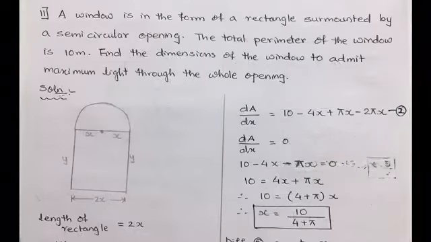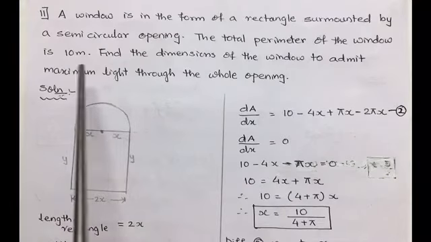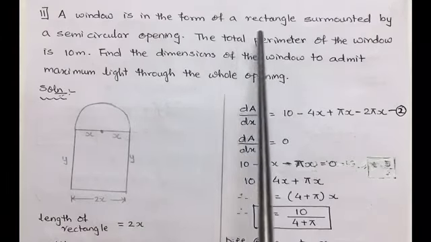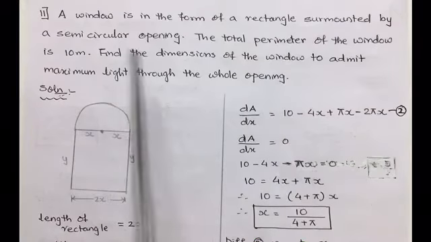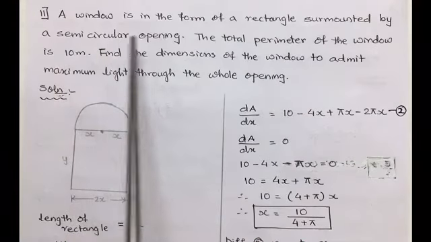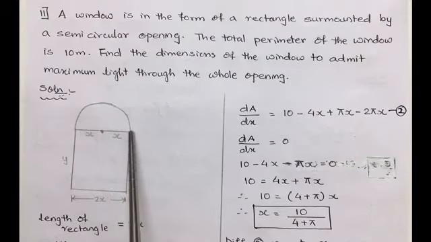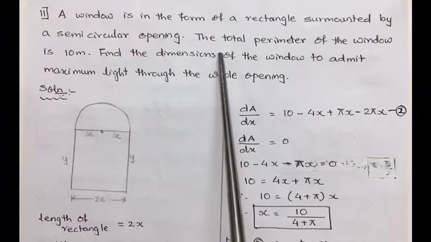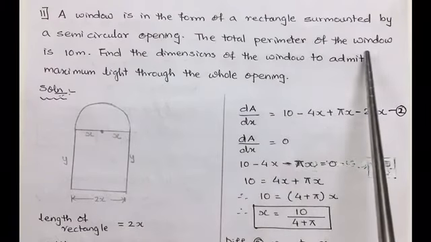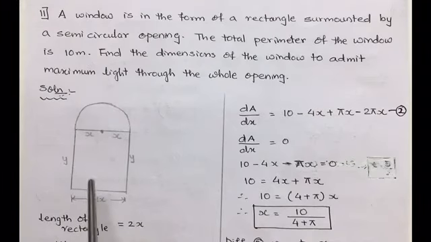11th one is, a window is in the form of a rectangle surmounted by a semicircular opening. A rectangular window is there which is surmounted by a semicircular opening. The total perimeter of the window is 10 meters.